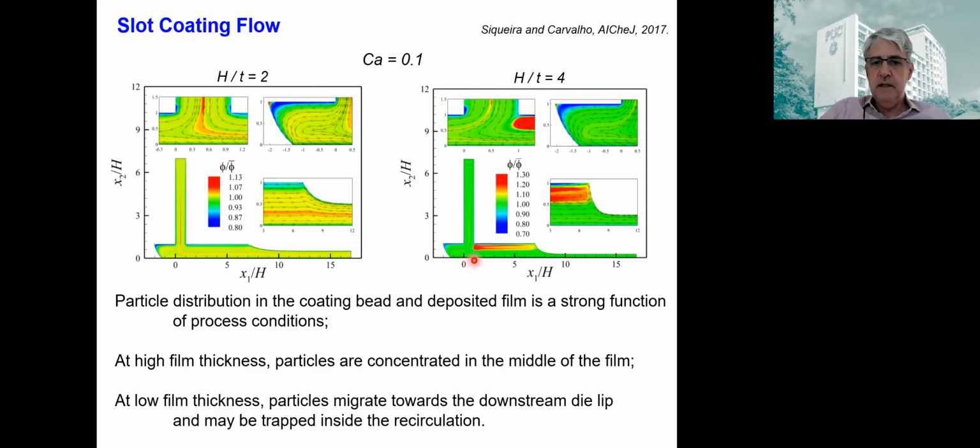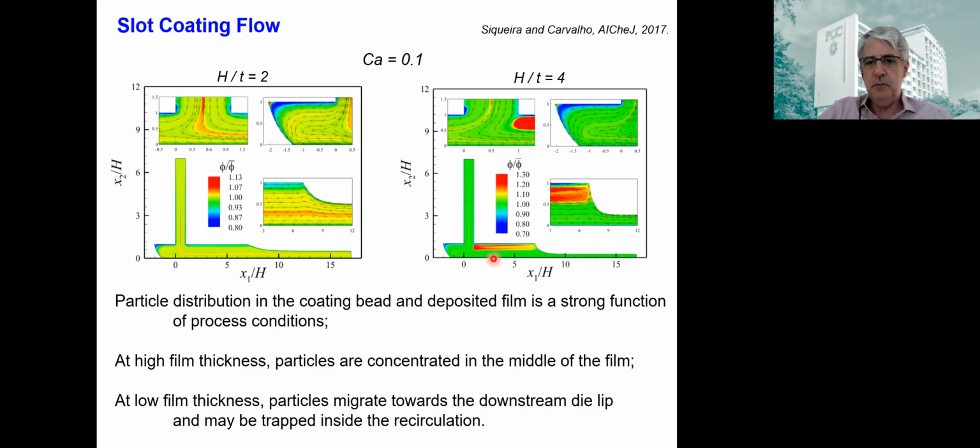You can see that this region of low shear rate is where the particles are accumulated. So you have a region of very high particle concentration in this recirculation zone that appears, and this may have a very strong effect on the flow. It has been seen in the literature that if you have a high concentration particle suspension, it's very hard to coat thin films without having streaks.